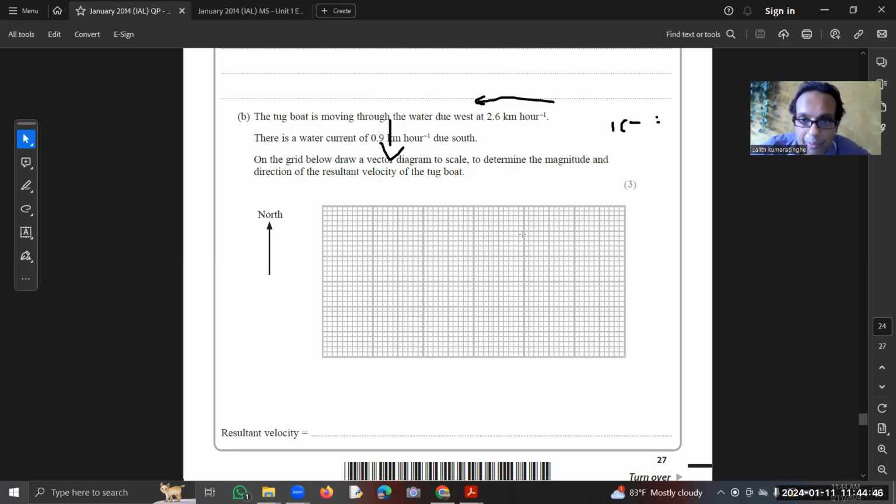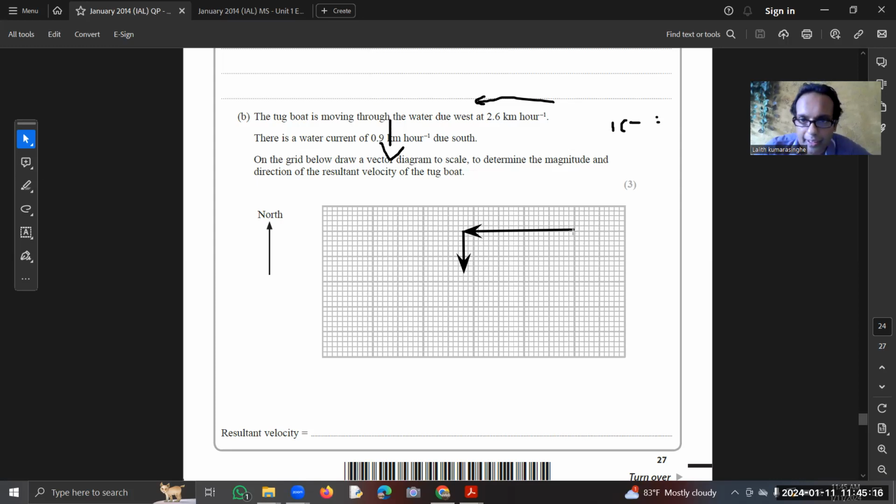I get 5.2 boxes that way, 5.2 boxes that way. 0.9 doubled is 1.8. You can triple also. See whether you can triple, do it like that. Now when I join the starting point and the end point, I'll get the resultant.